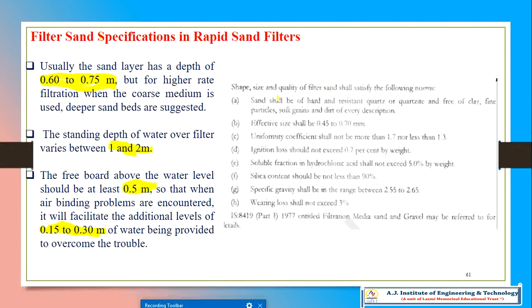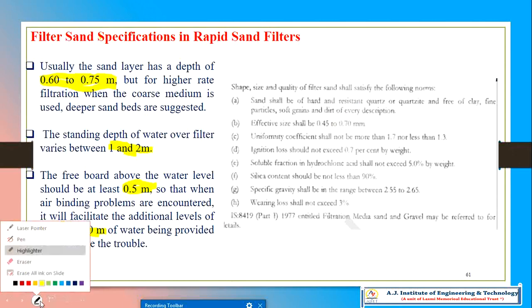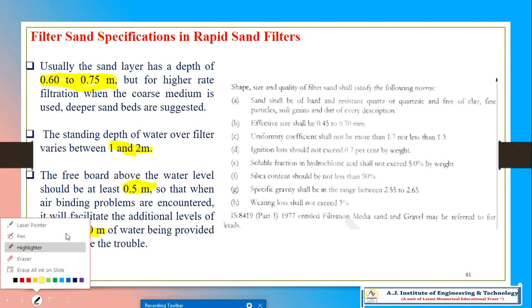So size, shape, and quality of the filter shall satisfy the following norms as per CPHEEO. Sand shall be hard and resistant quartz or quartzite and free from clay, fine particles, soft grains and dirt of every description. That is a very important factor as per the manual direction.